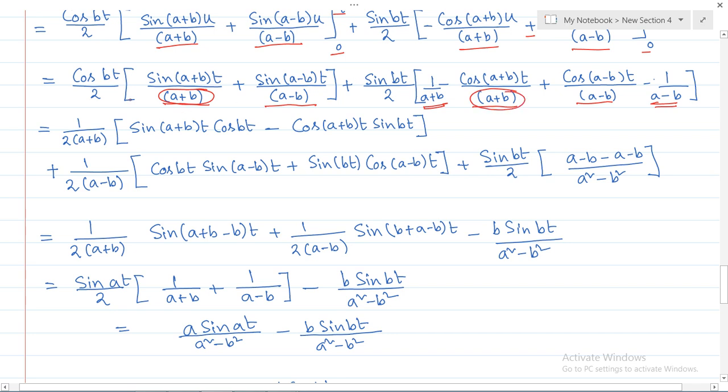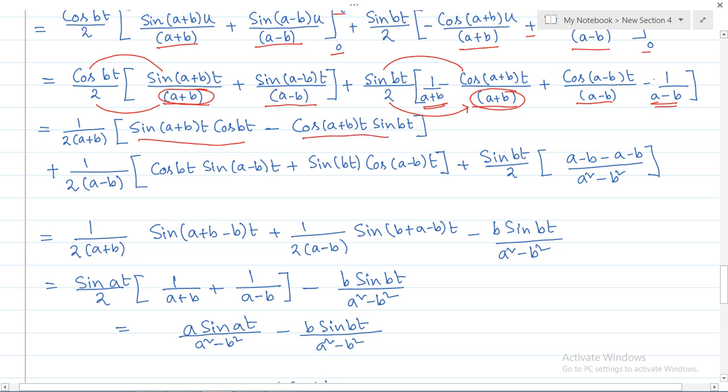So 1 by 2 times (A plus B), I have taken common. What we will get inside is cos bt into sin of (A plus B) t, and from here sin bt into minus cos of (A plus B) t into sin bt, right?